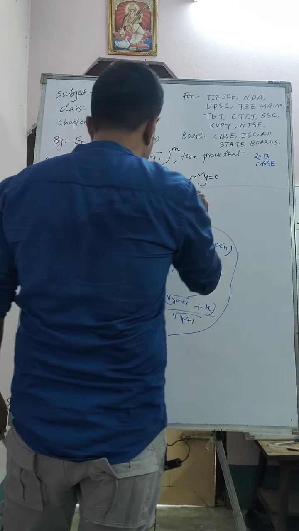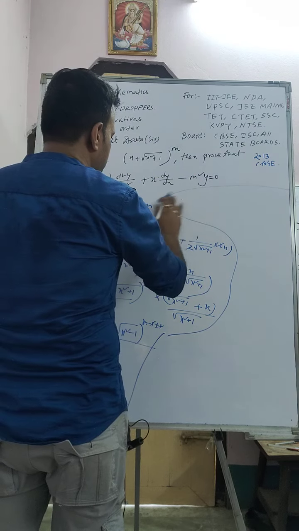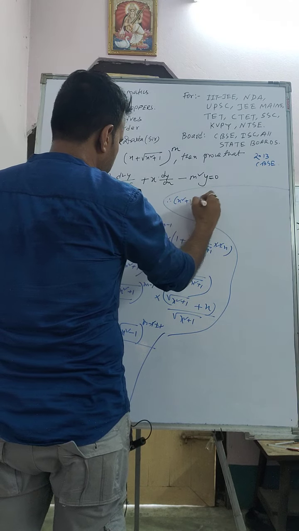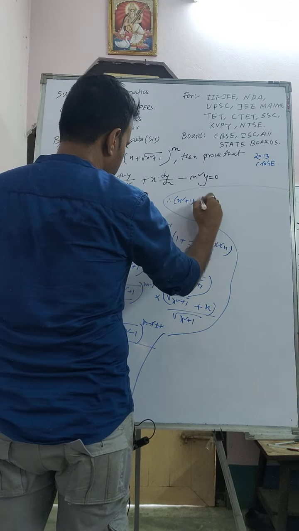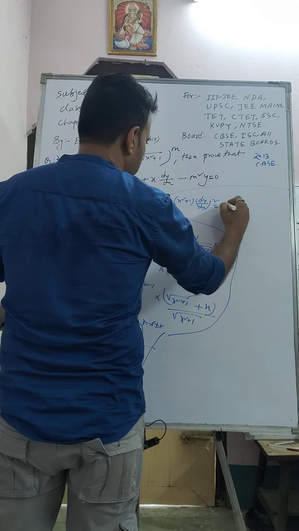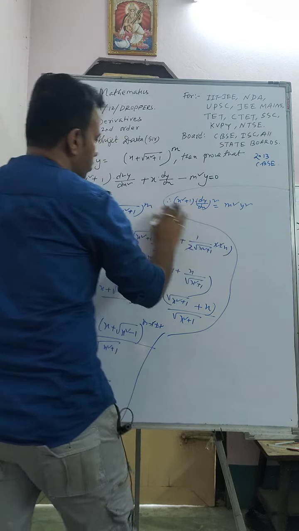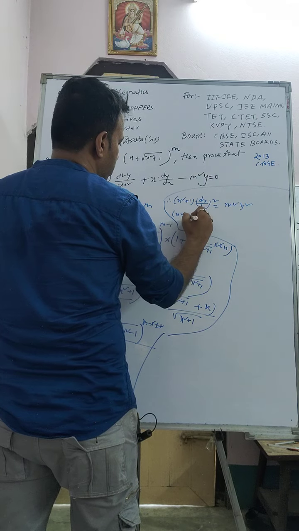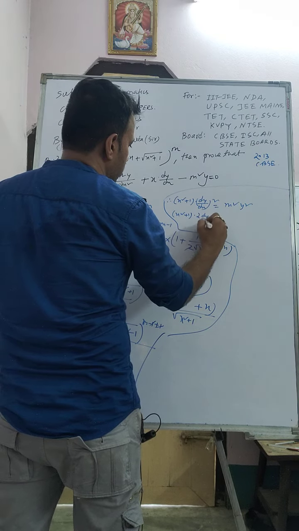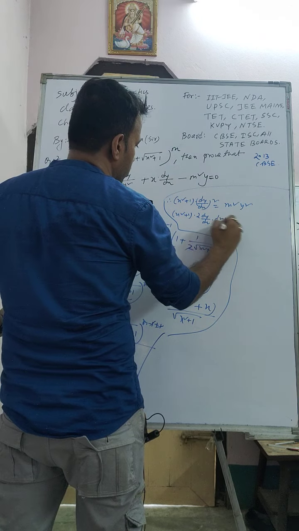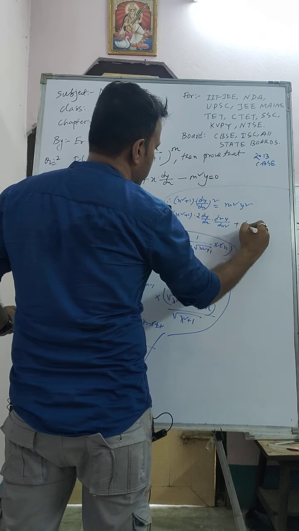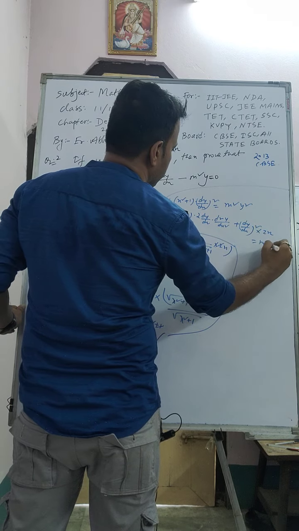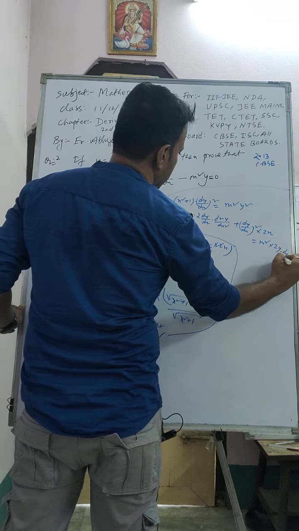Now come here. I can write this one as x square plus 1 into dy dx whole square equal to m square y square. Differentiating: x square plus 1 into 2 dy dx d square y dx square plus dy dx whole square into 2x equals m square into 2y dy dx.